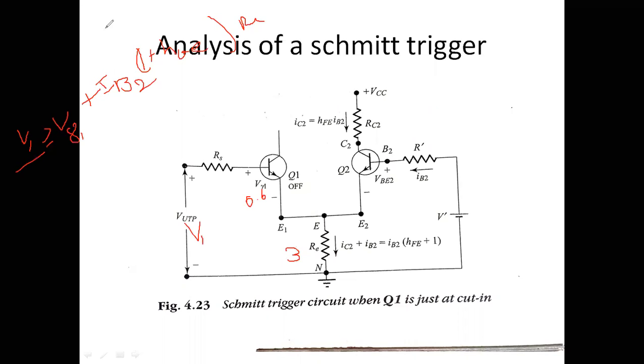Now in this IB2, I am substituting the equation which we found previously.